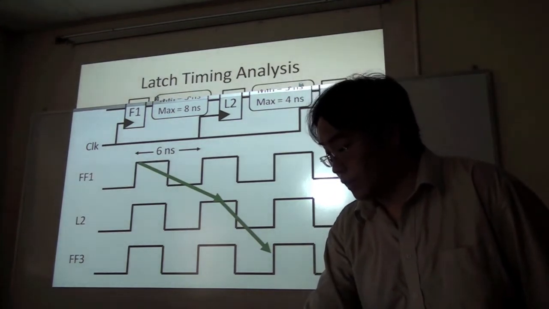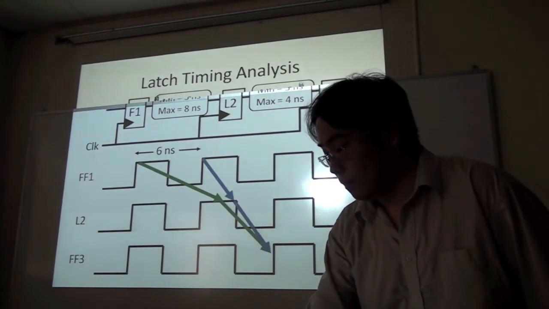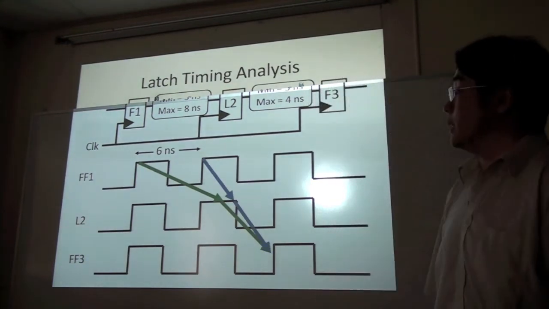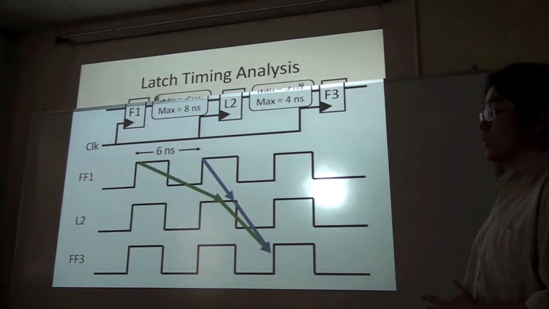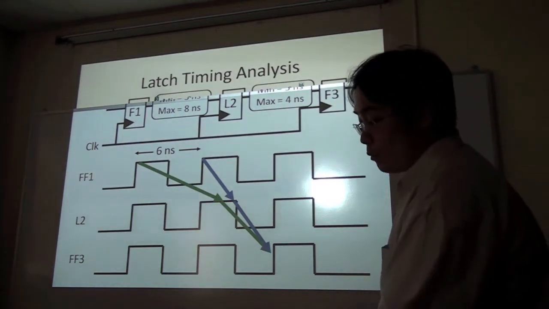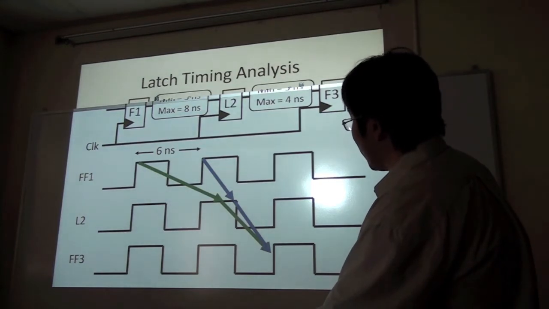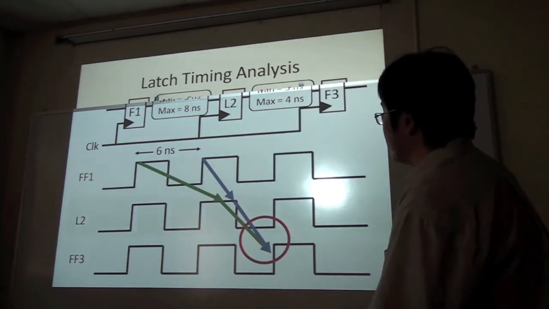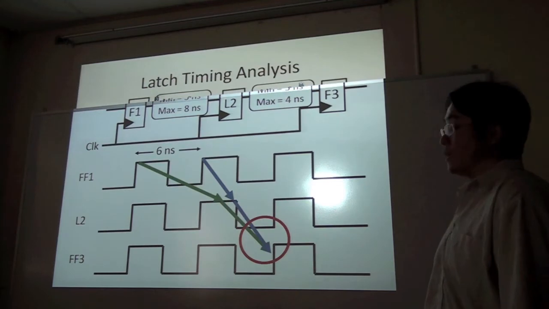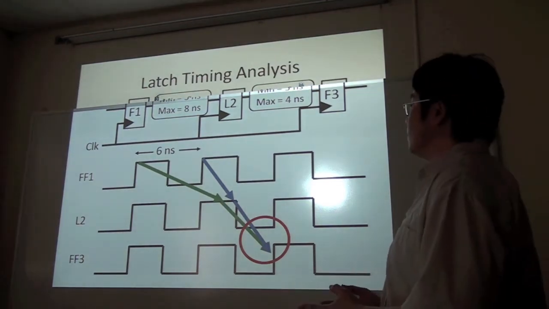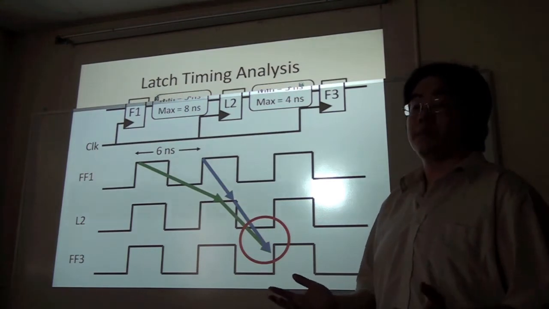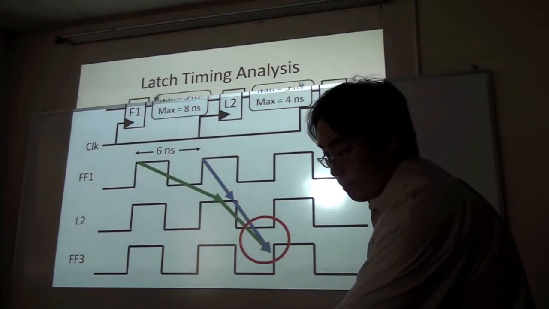If on the second cycle this signal gets launched from flip-flop 1, it'll arrive at the second latch when it's still transparent, and it'll pass straight through to flip-flop 3, arriving when the original signal arrives. We essentially have two signals arriving at the same flip-flop at the same time, and that's undefined behavior. We can't allow this to happen.